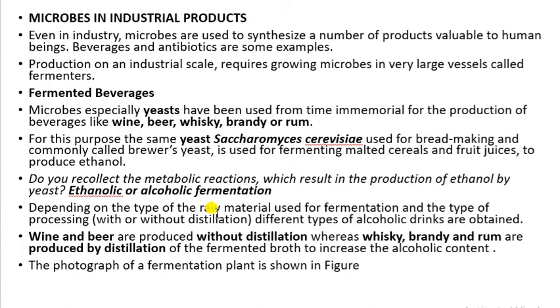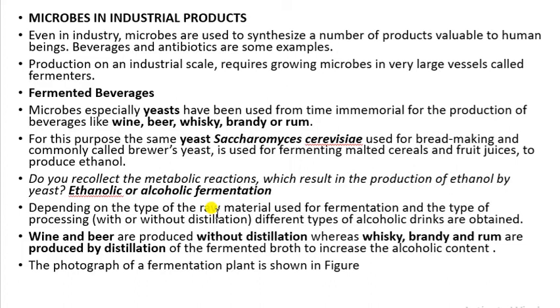If we perform the process without distillation, then wine and beer are produced, and if we use distillation, then whiskey, brandy, and rum are produced. So whiskey, brandy, and rum are produced by the distillation of the fermented broth, whereas wine and beer are produced without distillation of the fermented broth.